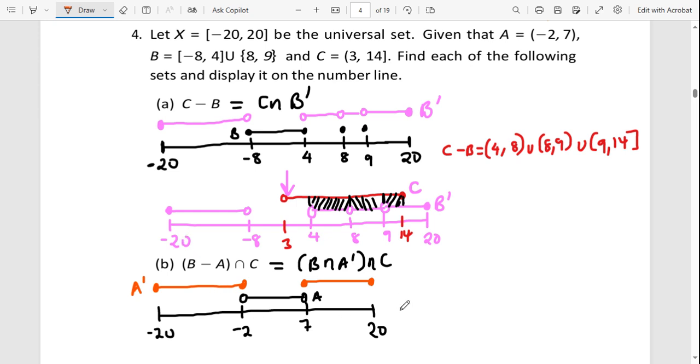Okay. So I'm going to bring it like so. So that's from -20 up to -2. And then from 7 up to 20.